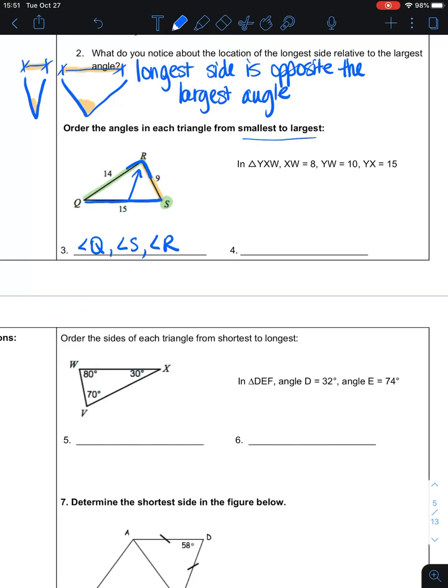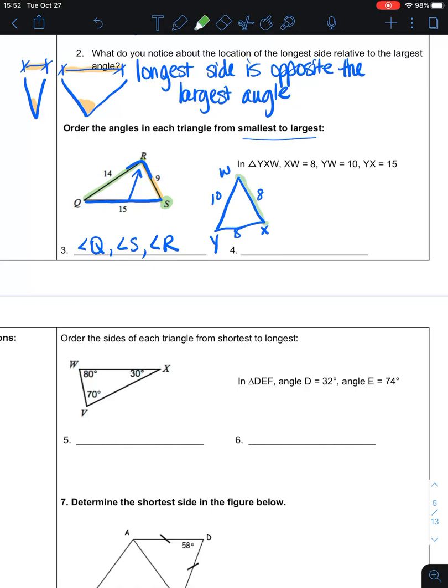Now, what if we don't have a triangle? If you don't have a triangle, then you need to draw one. Of course, you can look at it, but it does get a little more complicated trying to pick out which angle's not included, so it's just easier to draw one. It doesn't matter which letter goes where, then just label it. XW is 8, YW is 10, and YX is 15.